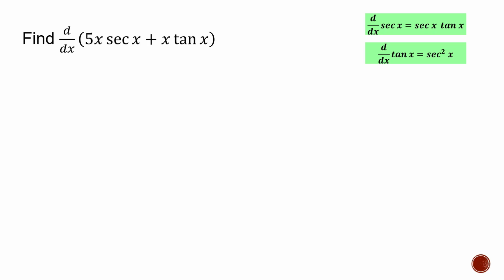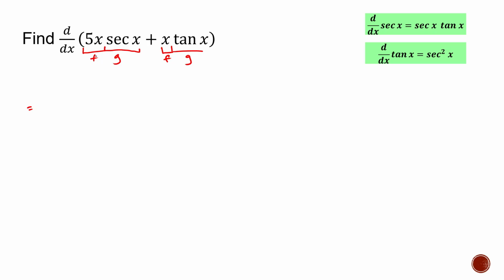All right, let's go to the last example. So I have 5x secant x plus x tangent x. There are two product rules that we will do here. For the first one, we have the f and the g, and for the second one, f is x, g is tangent x.